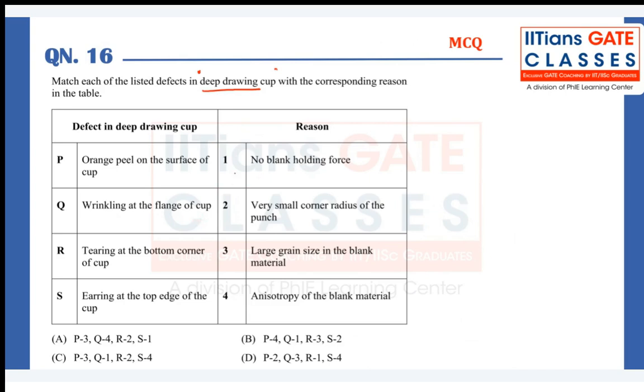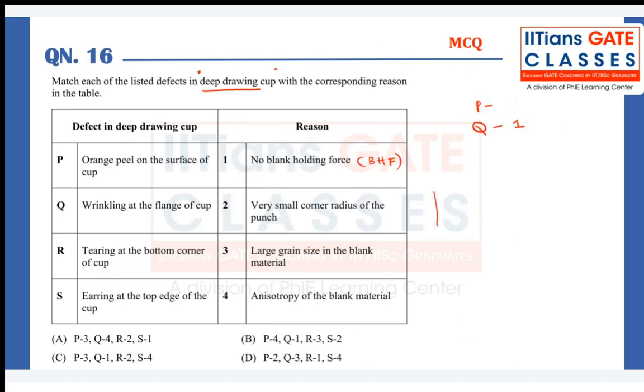obviously whenever you are not providing the blank holding force, BHF, right? This we call BHF. Go to our notes and you will find this. So whenever you are not providing this, the wrinkling defect is going to happen, so Q is 1. Right. Next, P, just eliminate that. Next, tearing at the bottom corner of the cup.